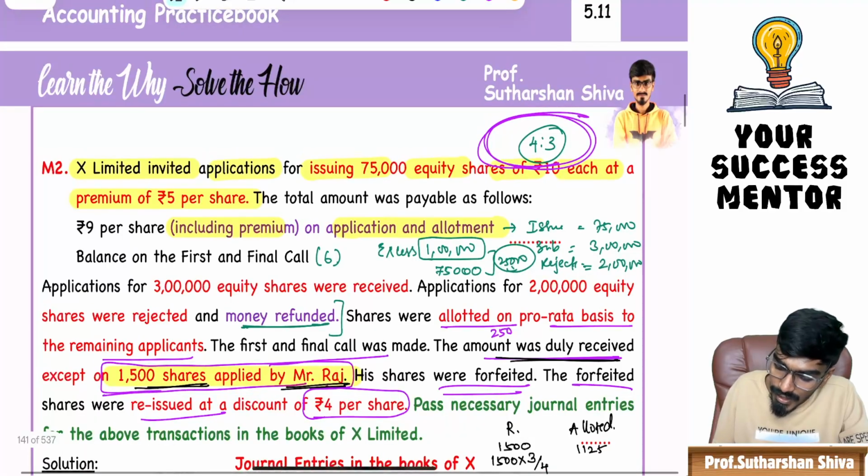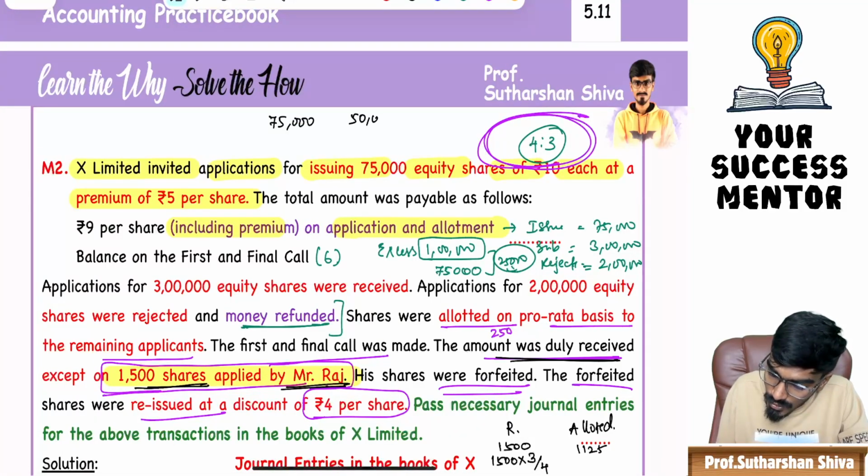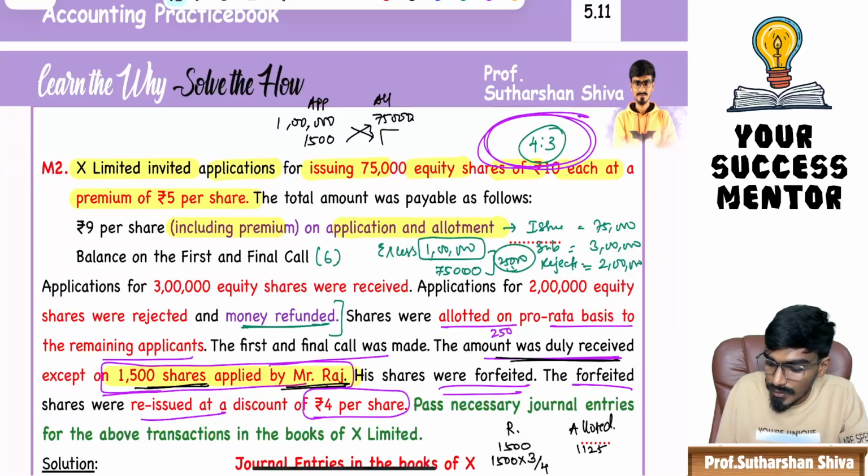Or in an alternative way, for 1 lakh shares applied, if we allotted 75,000, then for those who applied for 1,500, how much have we allotted? That's the question.